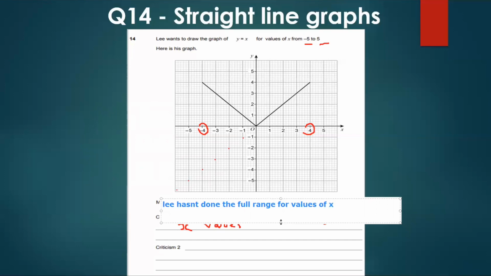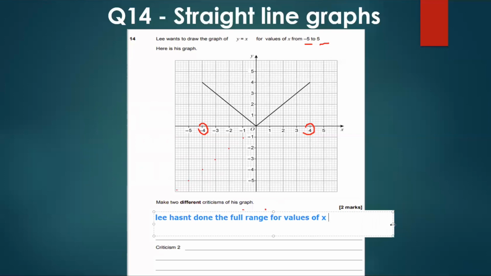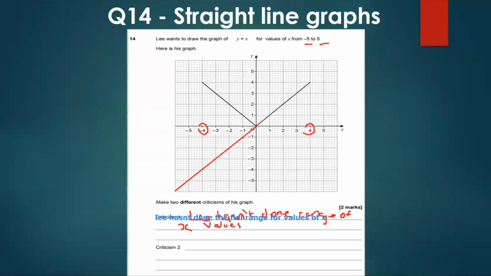So let's just draw the line. When y equals x, the x coordinate should always be equal to the y coordinate. So when x is -1, y should be -1, not +1.